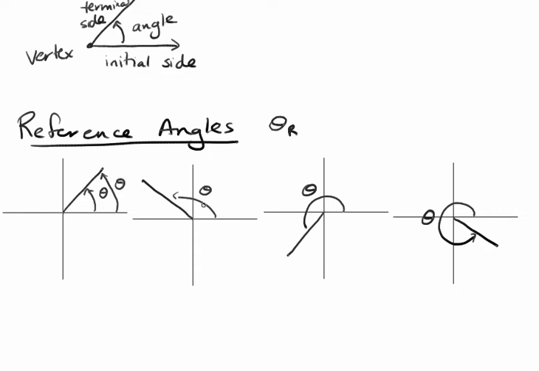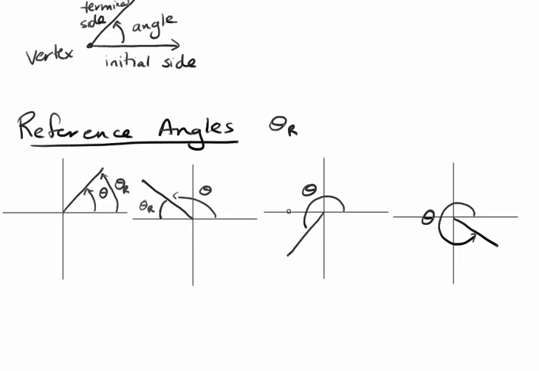If we look at our 2nd quadrant here, from the terminal side, it needs to form an angle with the x-axis. Terminal side and the x-axis means it's this angle here, and this is going to be theta r. If we look at our 3rd quadrant, an angle that has its terminal side in the 3rd quadrant, we want the terminal side to make an angle with the x-axis.